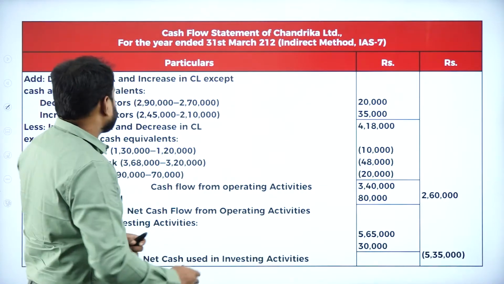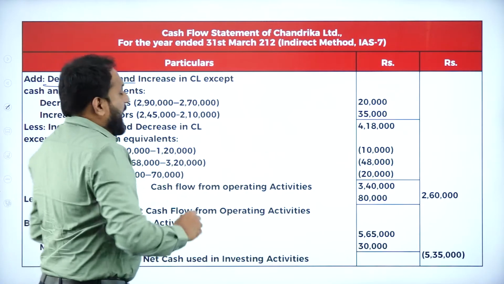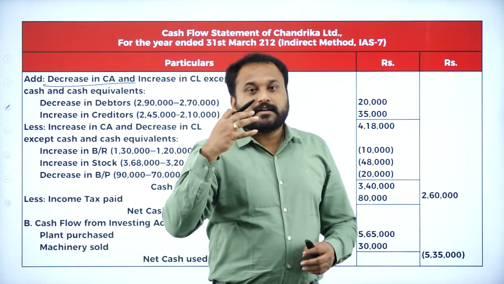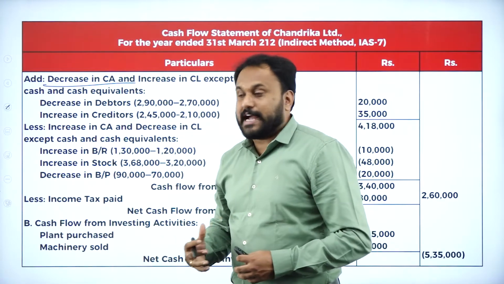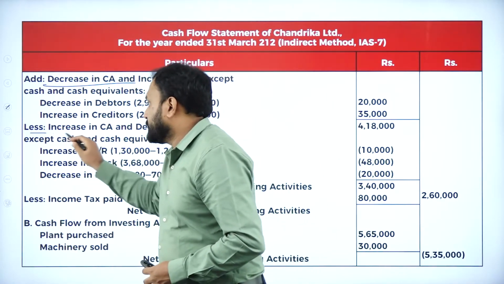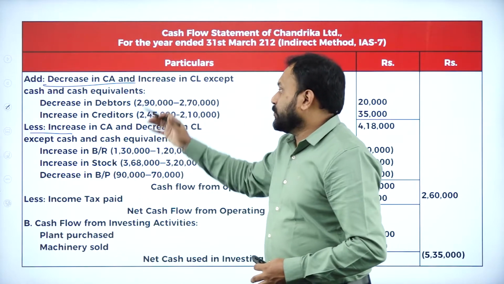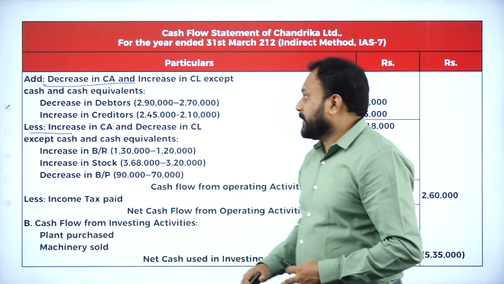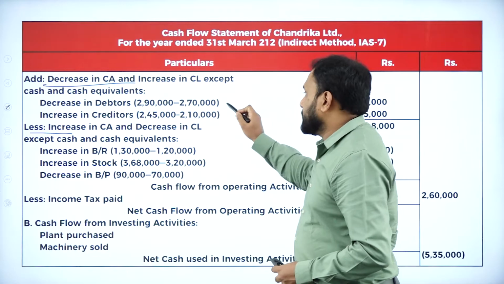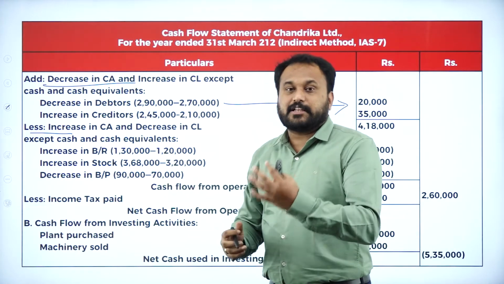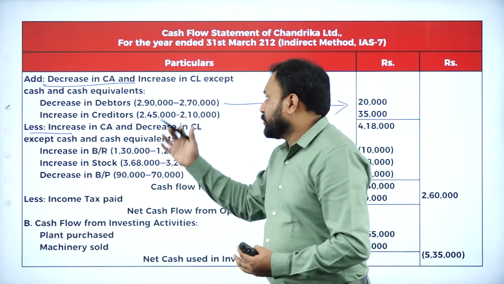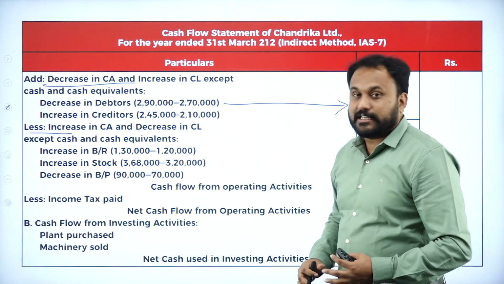Next one is add the current assets and the liabilities. When it is decreasing, you are supposed to add it. When it is increasing, you are supposed to subtract that. So when you go with the cash and cash equivalent, decrease in debtors. That means here 2,90,000 in the question. Please take the question properly and then check. 2,90,000 minus 2,70,000.